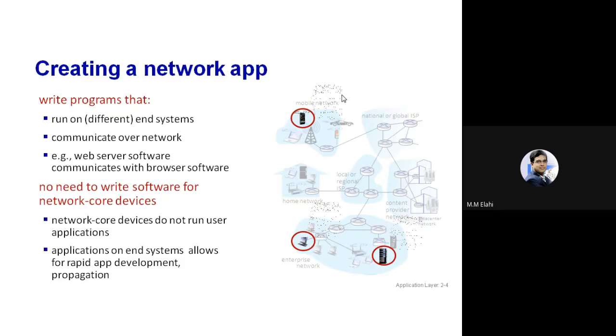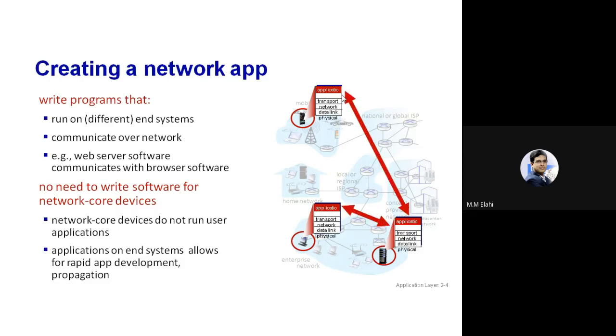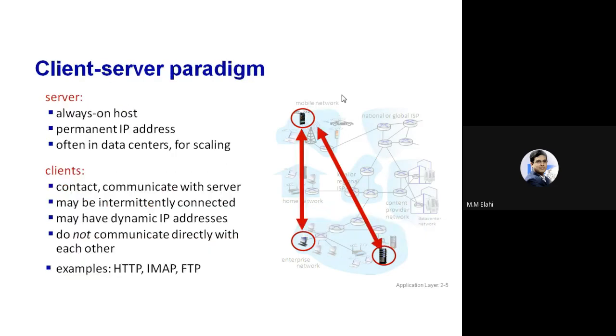Then we have described that application layers actually communicate between end systems, and all end systems are part of the network edge. And then we have described two types of architectures or paradigms. One is called client-server architecture, and another one is peer-to-peer architecture.